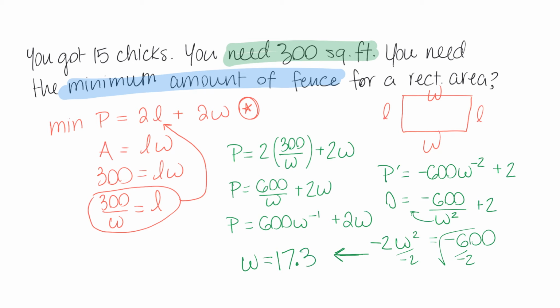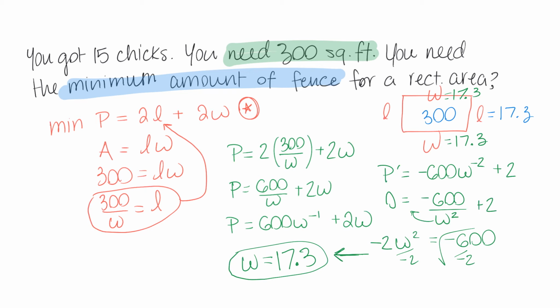Is that what we got? 17.3. Okay, so here is my width, 17.3. So if my width is 17.3 and I know my area is 300, then now can I just find my length, right? 17.3 times what equals 300? Oh, I know, 17.3. Okay, so therefore our length is also 17.3.